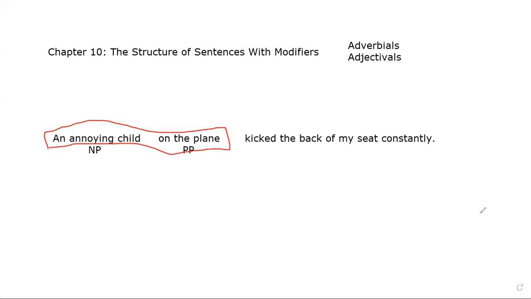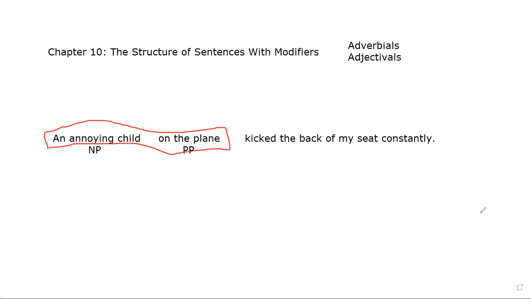So again, if we want to use one of those structural tests that we talked about in chapter 4, chapter 5, can we substitute this noun phrase with a pronoun, right? Who kicked the back of my seat constantly? Who was that person?